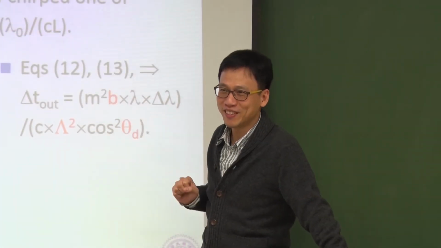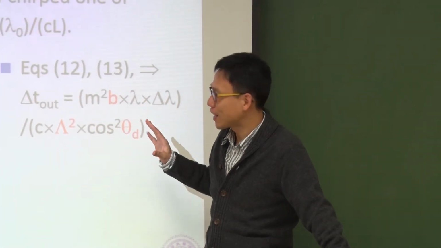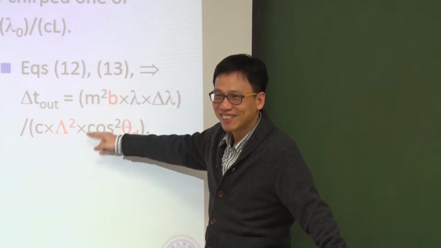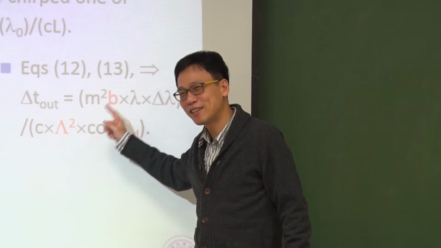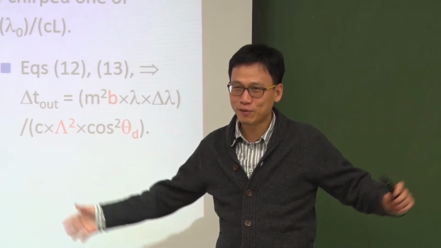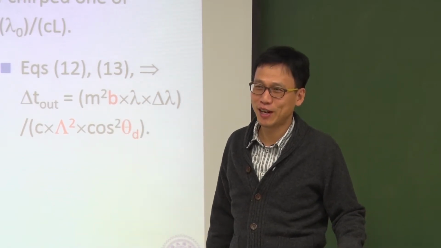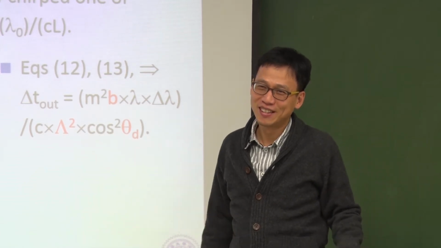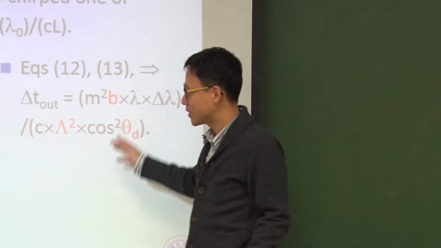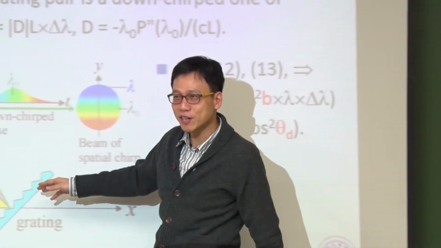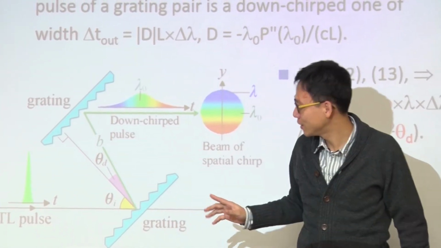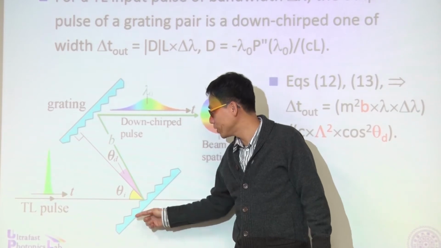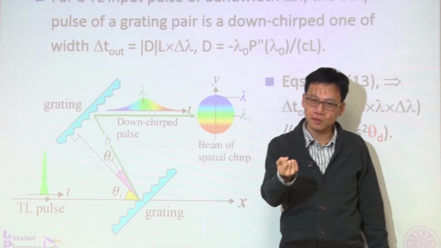Think about this formula. 10,000 times, that means what? Yes, you need a very large B, so you have to be rich. Your optical table has to be very large. Besides, your grating has to be very large, right? The first one doesn't matter. You only need a grating bigger than your incidence beam.